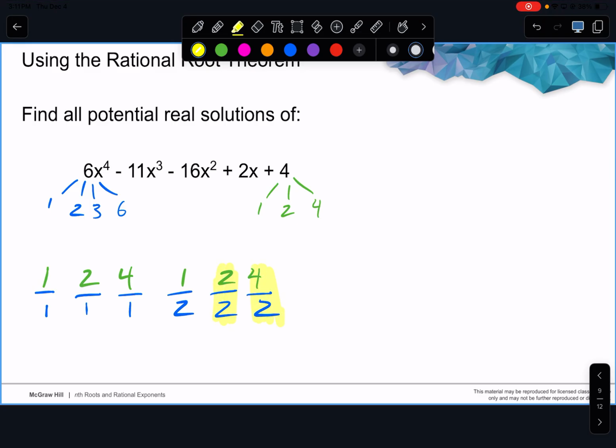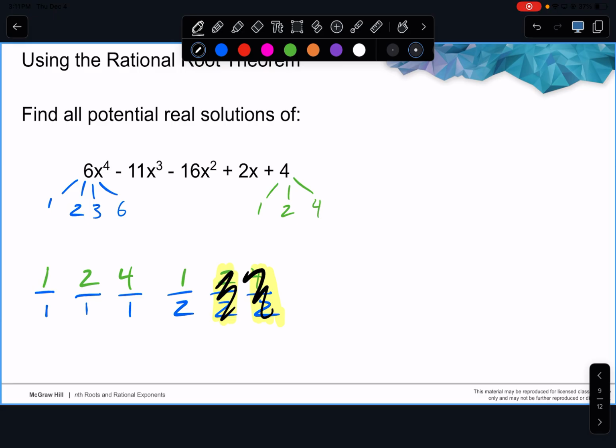This one and this one. 2 over 2 is equal to what? 1. So this one, technically, you already wrote down, because there's a 1 right here. 1 over 1 is 1, right? 4 over 2 is 2, which you already wrote down. So really, we don't need to include these in our list because we already accounted for them.